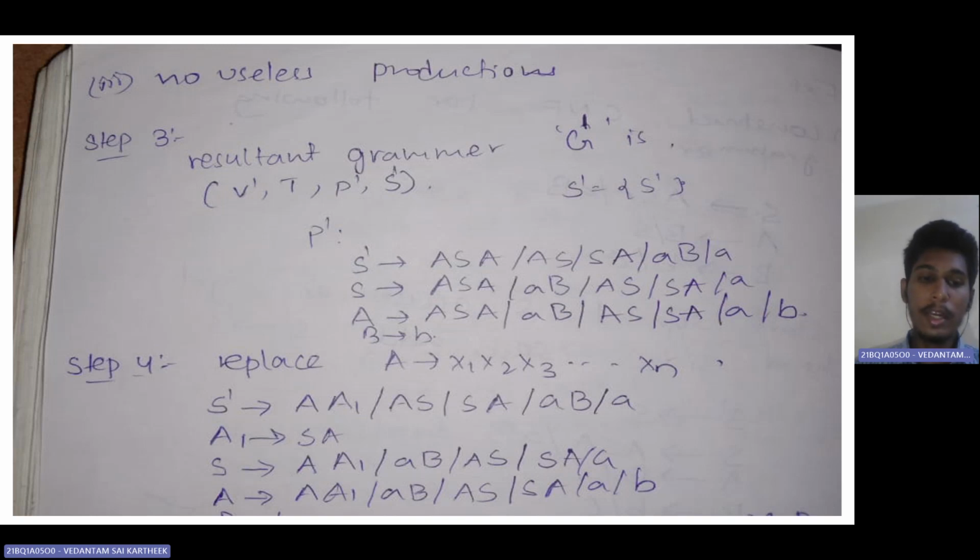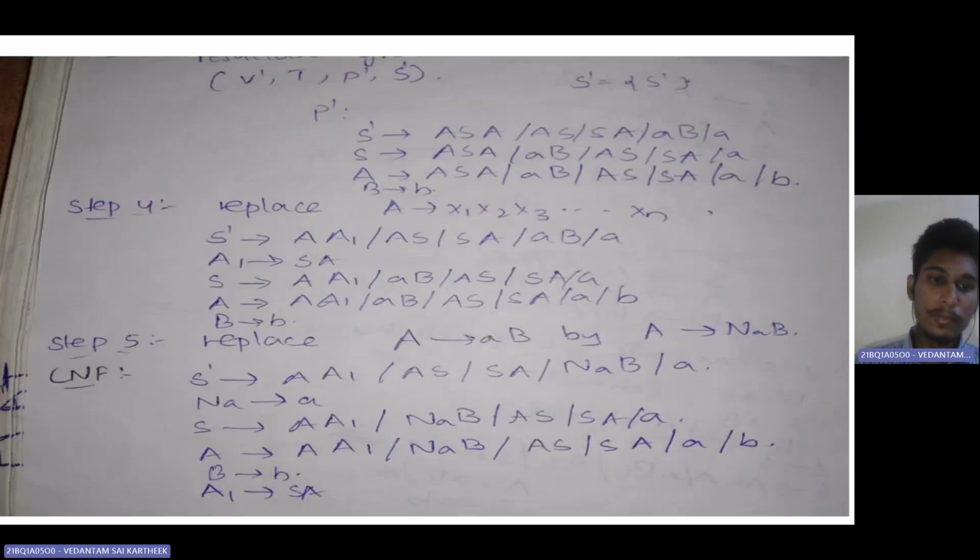Similarly, we rewrite all the productions of the form A implies x1 x2 and so on up to xn as A implies x1 A1, where A1 implies x2 x3 and so on up to xn. That is step 4.